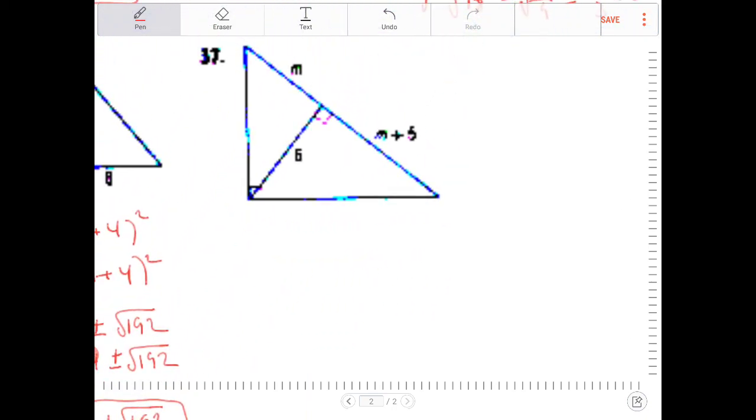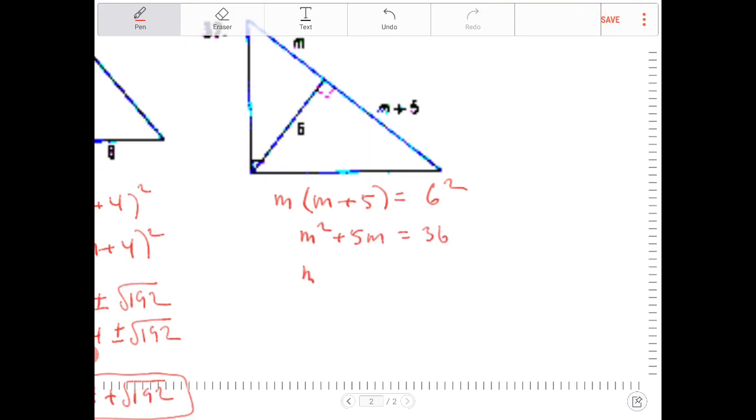And then the last problem here, m times m plus 5 is equal to 6 squared. So m squared plus 5m is equal to 36. I'm going to solve for quadratic now. m squared plus 5m minus 36 is equal to 0. Are there two numbers that multiply to negative 36 but add to 5?